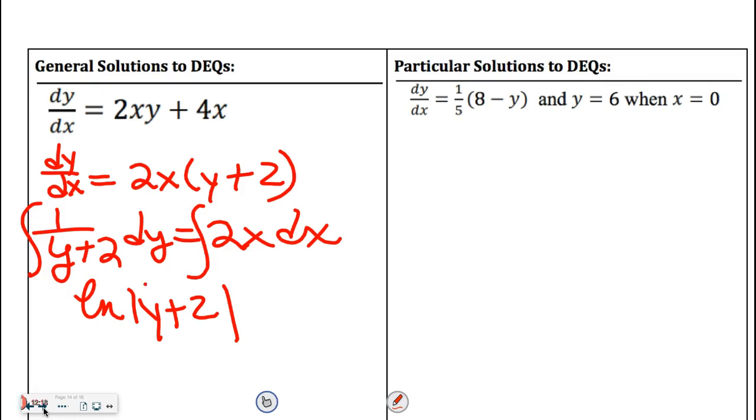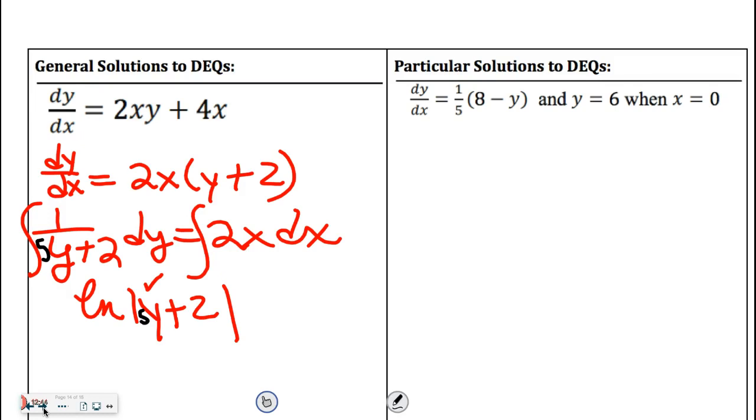If I take the derivative of this, I would have u prime, which is 1, over u, which is y plus 2. But be careful, I'm going to insert something in here. What if there was a 5 right here? And then you would do that. What else would you need?